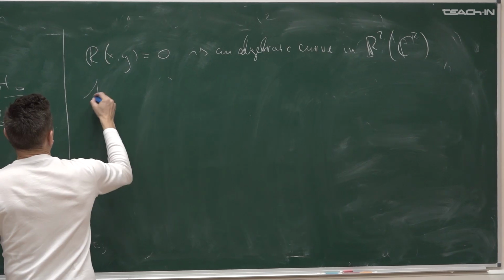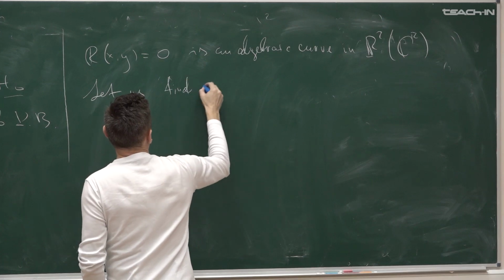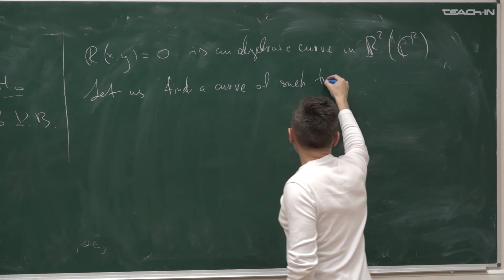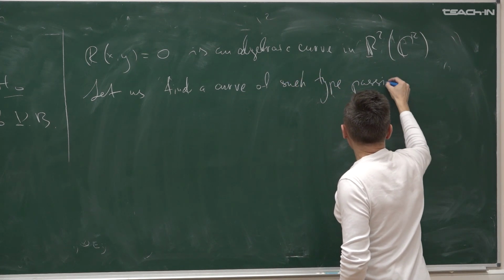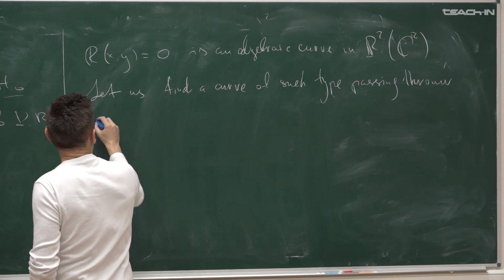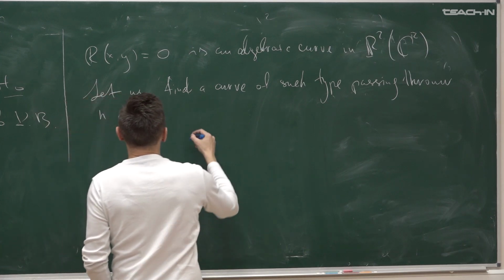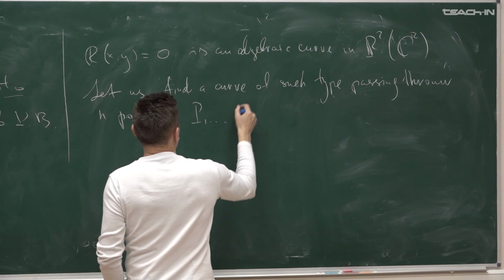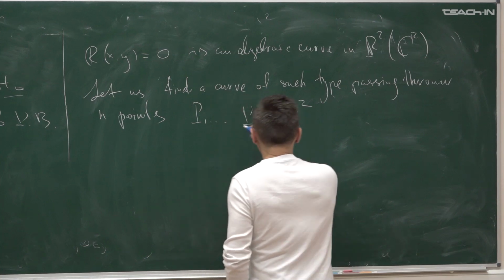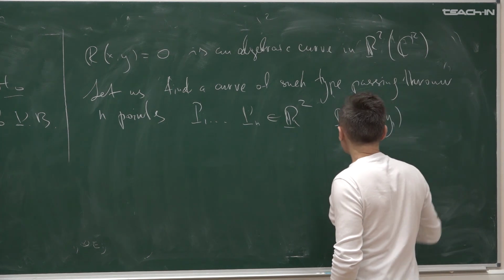Now let us find a curve of such type passing through the endpoints P1, ..., Pn in R2, given by the coordinates x_i, y_i.